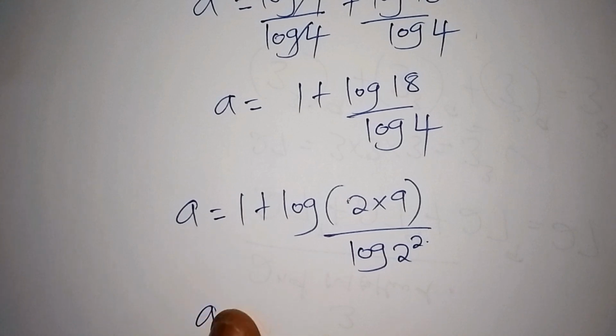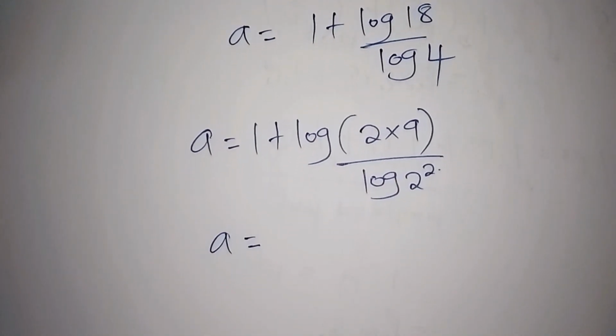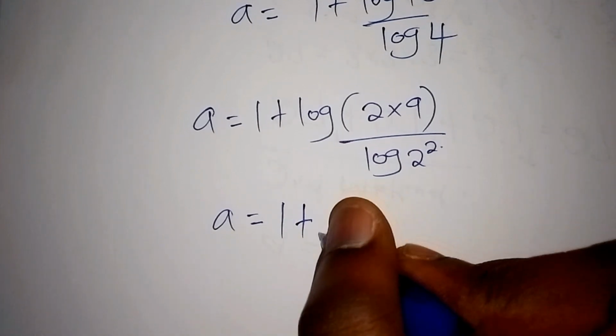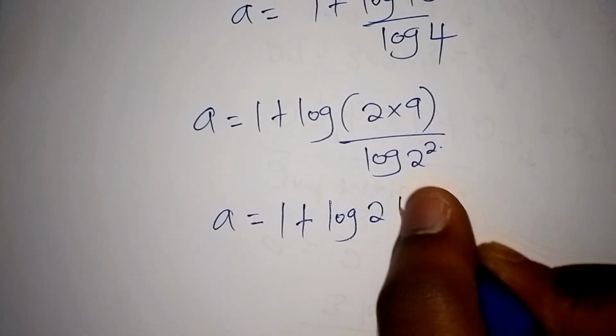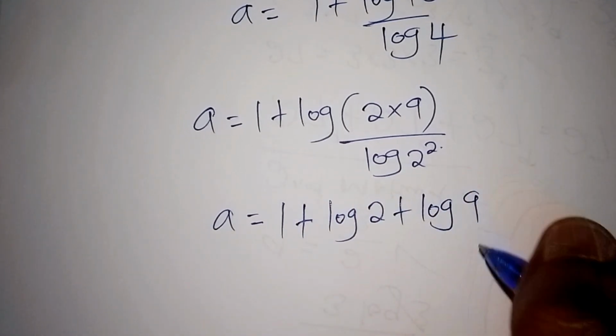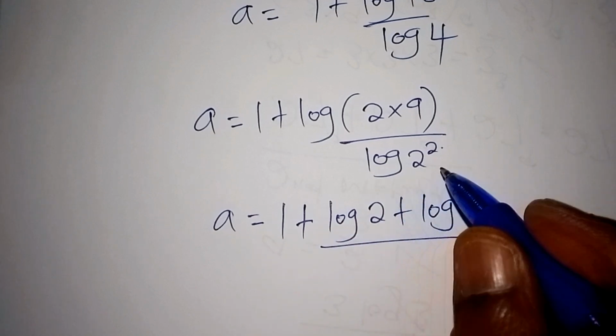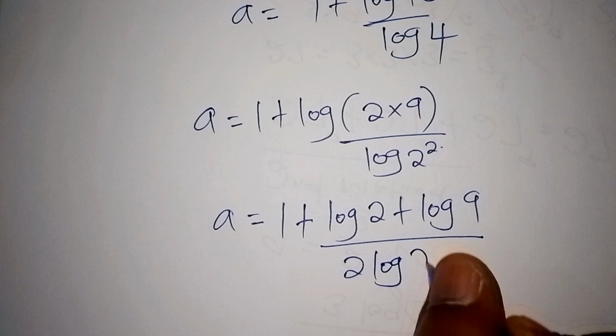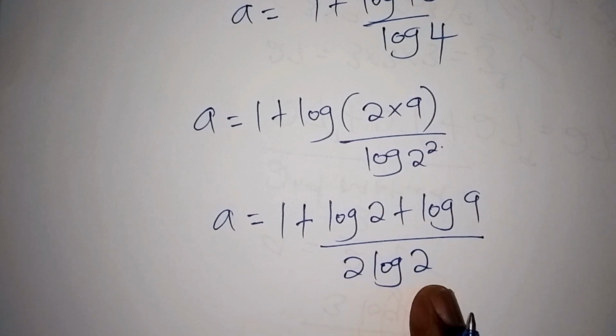So a is equal to 1 plus the log of 2 plus the log of 9 all over the log of 2 to the power of 2, which can be written as 2 log 2. So we shall divide by 2 log 2 the whole of this.